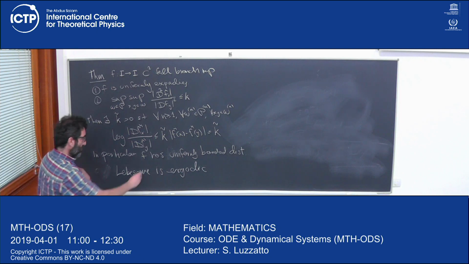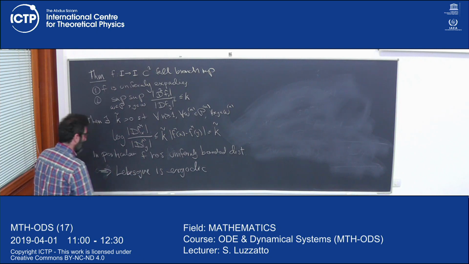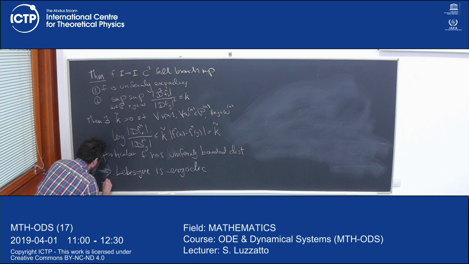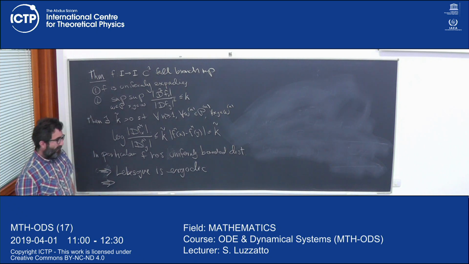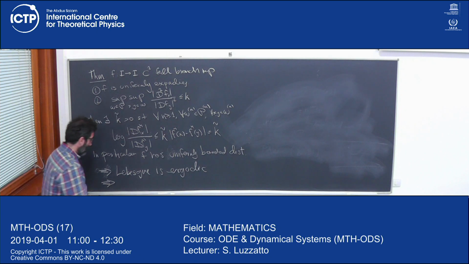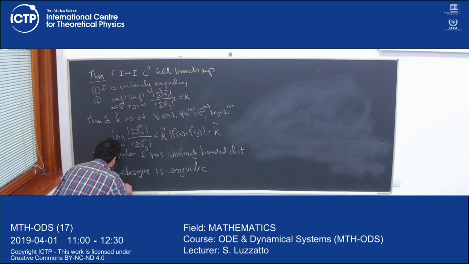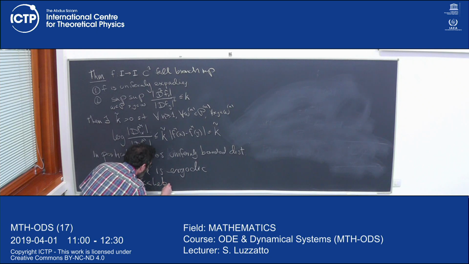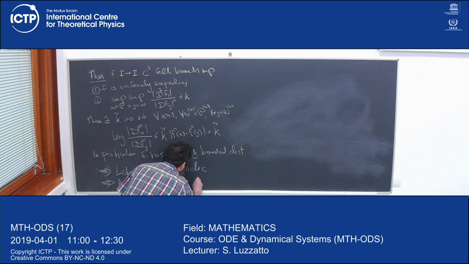In fact, uniformly bounded distortion implies Lebesgue measure is ergodic, and this in particular implies that for any other measure mu that is absolutely continuous with respect to Lebesgue, then mu is also ergodic.